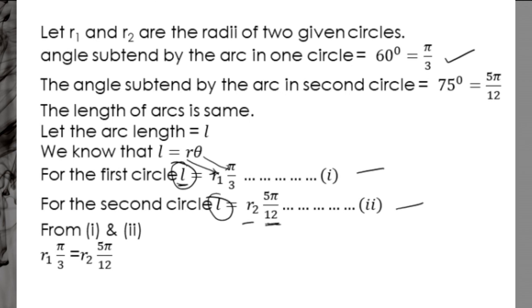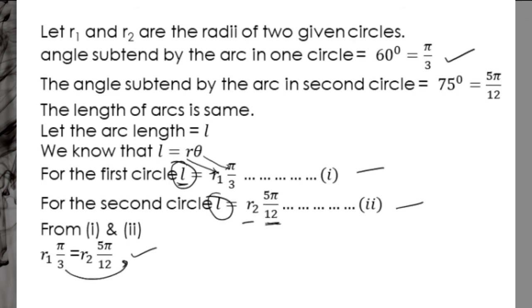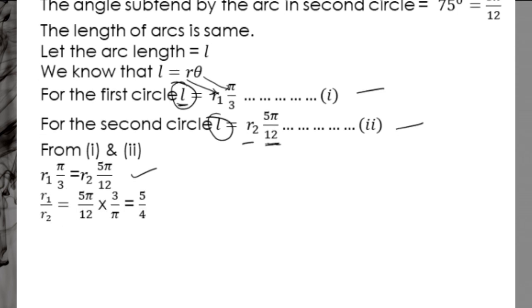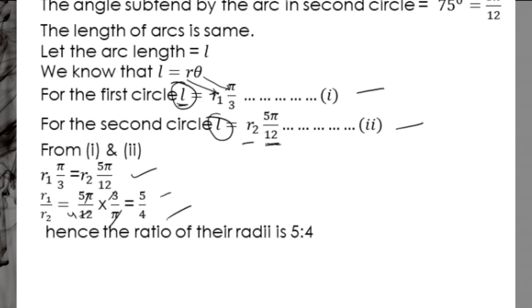R1 into pi by 3 will be equal to R2 into 5 pi by 12. So take R2 to the left hand side and pi by 3 to the right hand side. 5 pi by 12 into 3 by pi this side. Let's cancel, pi and pi cancel, 3 4s are 12. So it will become 5 by 4. So the ratio of their radii is 5 is to 4.